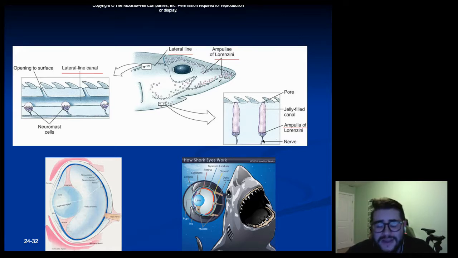These things can detect bioelectric fields, which means they can detect living things around them and the electricity that living things basically expel from their bodies. So if there's something moving within 100 or 1,000 feet of it, it could detect its bioelectric field.